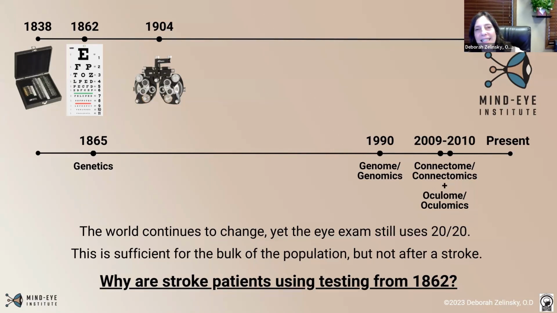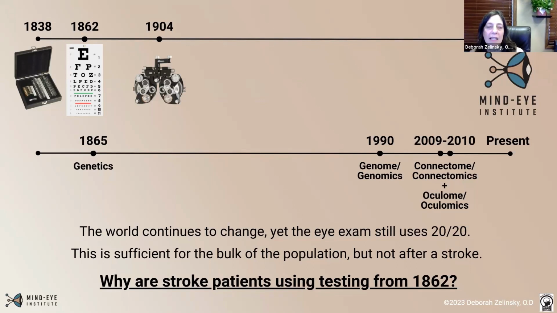In the 1860s, a lot of different inventions happened, but many of them have become obsolete by now, such as Morse code. But genetics and Mendel's plants started about the same time as the eye chart, and they had the Human Genome Project, which completed in 1990. It started many years before. Then they started taking a Google Earth viewpoint of the brain to zoom in and zoom out. That's called the Human Connectome Project, and connectomics is what that is.